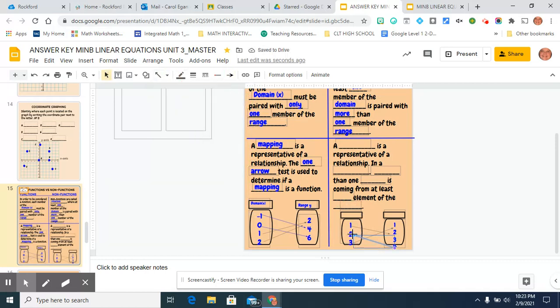And then we're also going to say that 2 matches with 3.